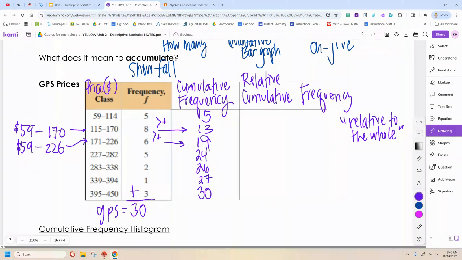Which then means we're going to get answers that can be converted into percents, but we usually keep them as decimals between 0 and 1.